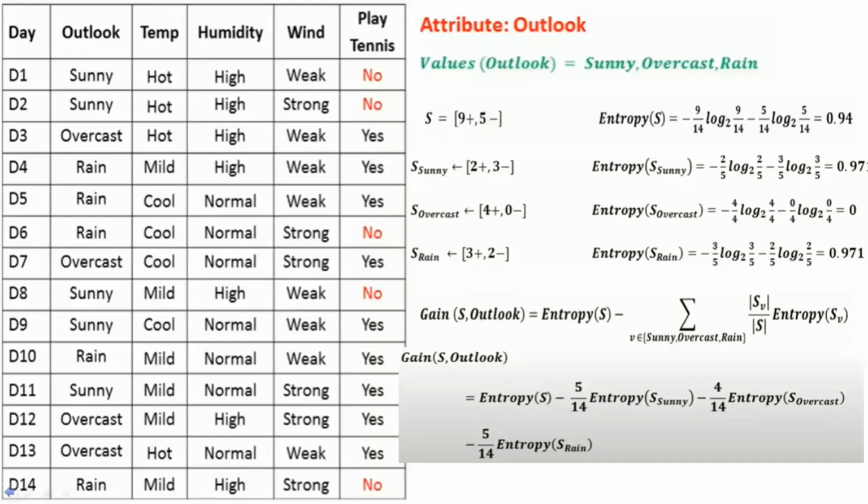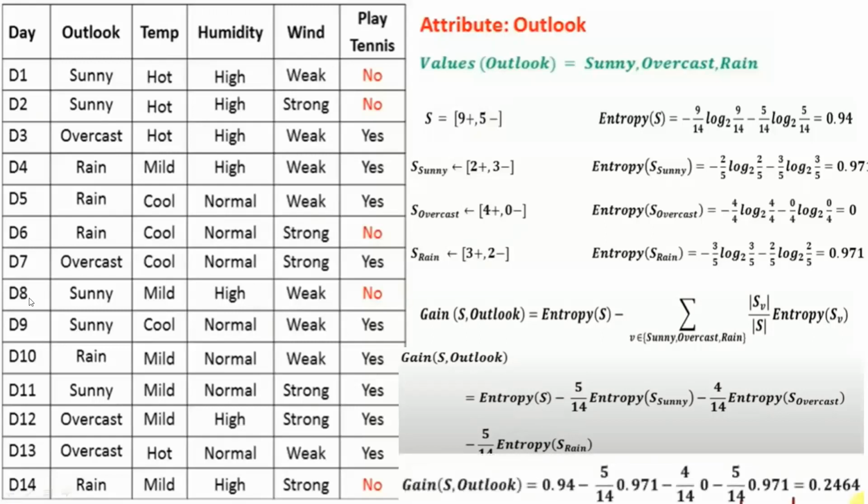If you substitute all the values, you will get the information gain of the particular attribute, which is outlook. Till now, we have calculated information gain for only outlook. Again, you need to calculate it for temperature, humidity, and wind.